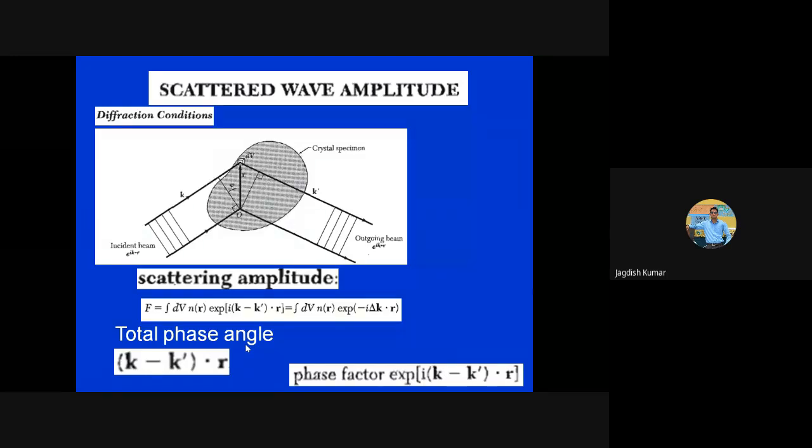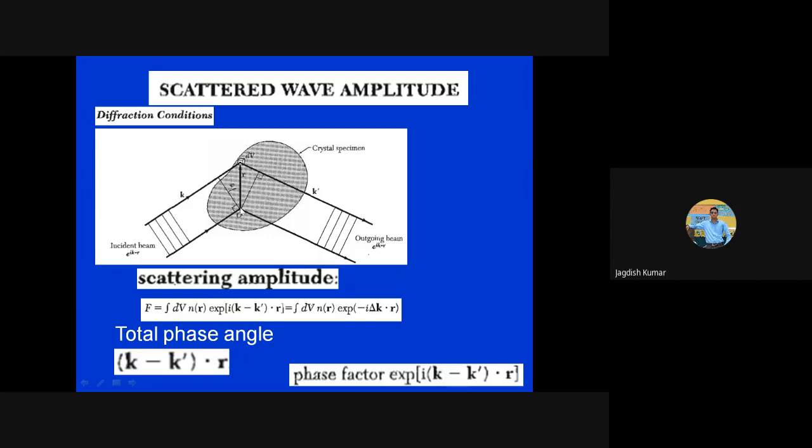What will be the phase difference for a path difference of x? Here, we want to find out the path difference between this beam reaching here and this beam reaching here.